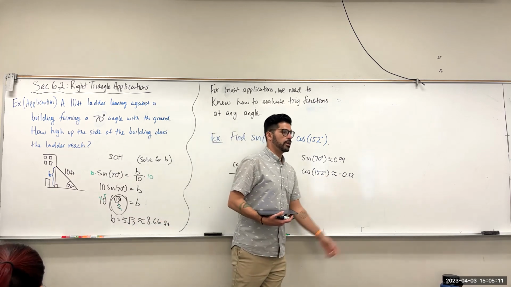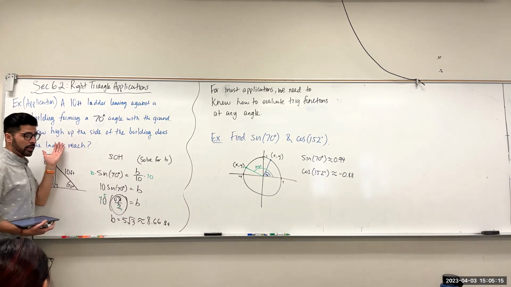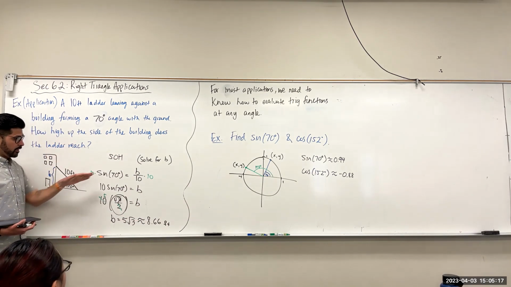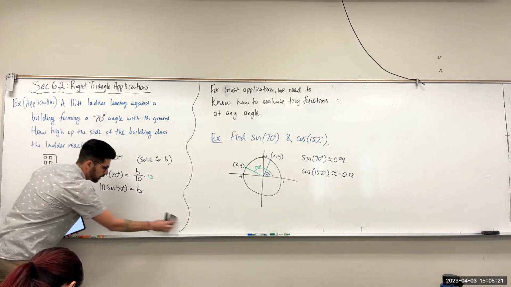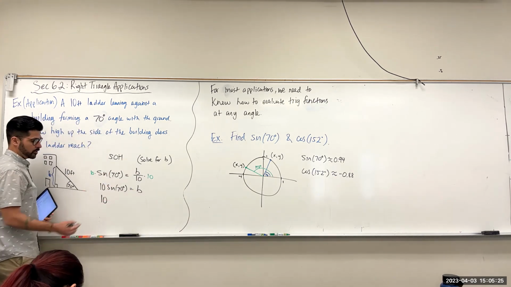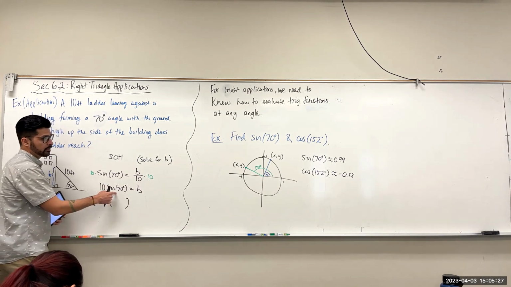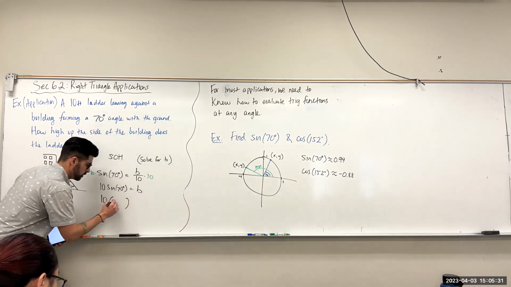So if I was to do this problem and this angle was 70 degrees, I would get to this step right here that you did. But now instead of plugging in √3/2, I would go on my calculator and plug in approximately this value.